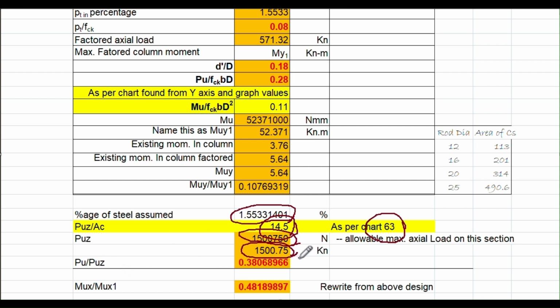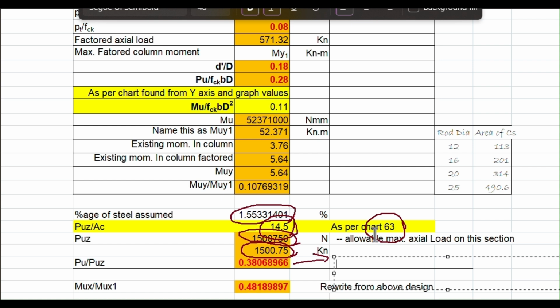Then Pu by Puz means, simple thing. Pu means the existing value, the existing load.